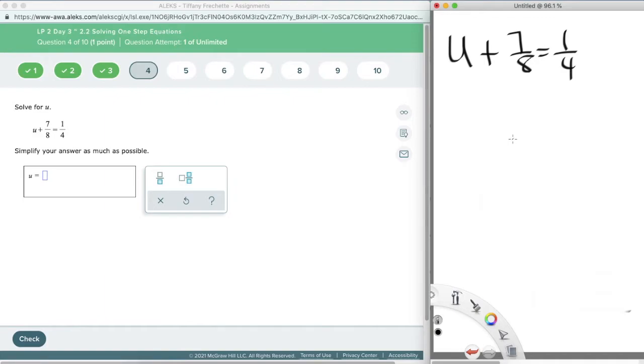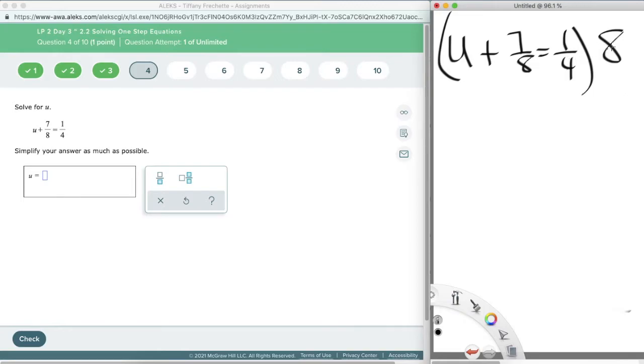To completely eliminate the fractions, if we did that first, what we need to know is the lowest common multiple for 8 and 4. Well, the lowest common multiple of both of those is going to be 8, right? So if I multiply the entire equation by 8, every single thing is going to be multiplied by 8.